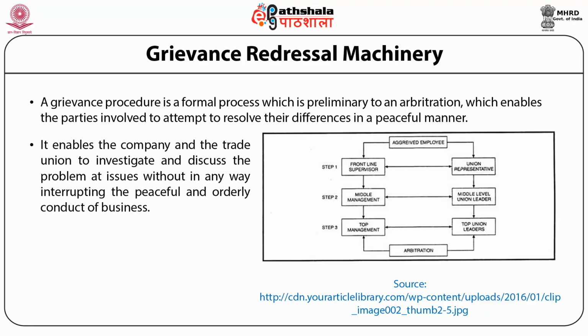It enables the company and the trade union to investigate and discuss the problem at issue without in any way interrupting the peaceful and orderly conduct of business. When the grievance redressal machinery works effectively, it satisfactorily resolves most of the disputes between labor and the management.